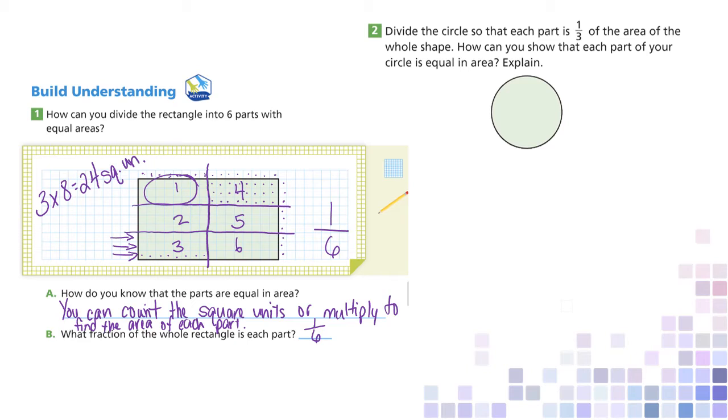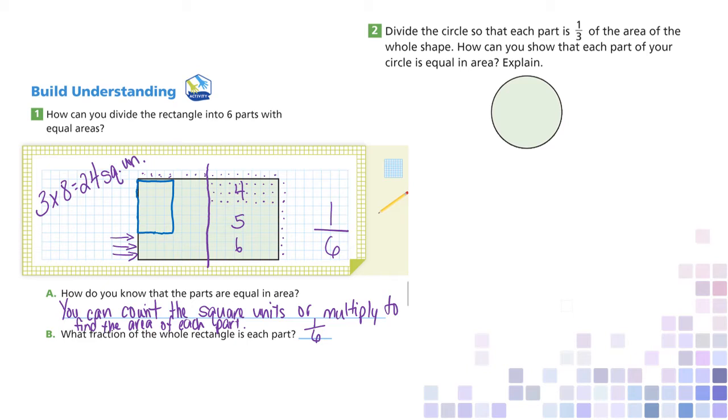So boys and girls, a connection to yesterday. Yesterday we were looking at parts, and sometimes the parts didn't look the same, but their area was the same. So if I went ahead and I counted 24 units, so 6, 12, 18, 24, that would have 24 units.